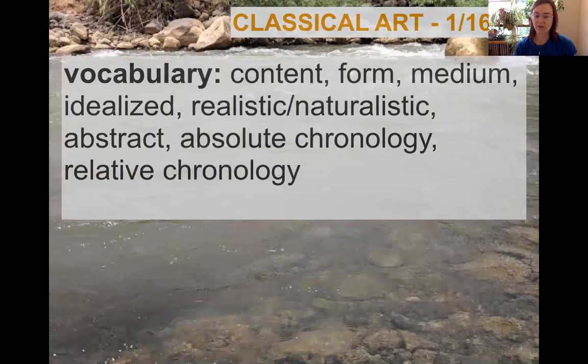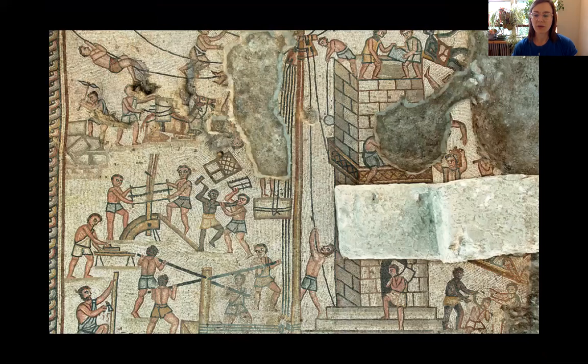So this vocab list, these are the words I'll be talking about in the next bit of the lecture. So here we go. All right, so I'm going to go back to the mosaic to talk about content and form.